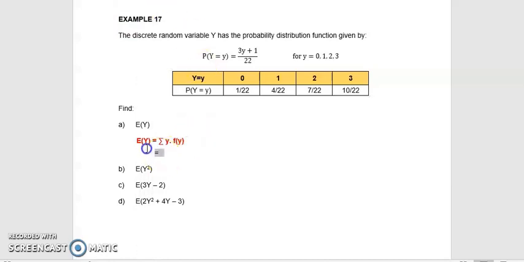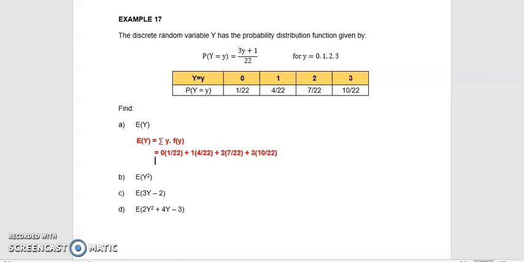So this equals 0 times 1 over 22, plus 1 times 4 over 22, plus 2 times 7 over 22, and the last one, 3 times 10 over 22. This is equivalent to 2.18.